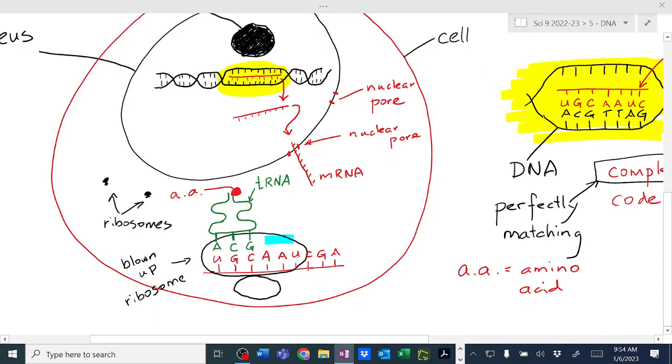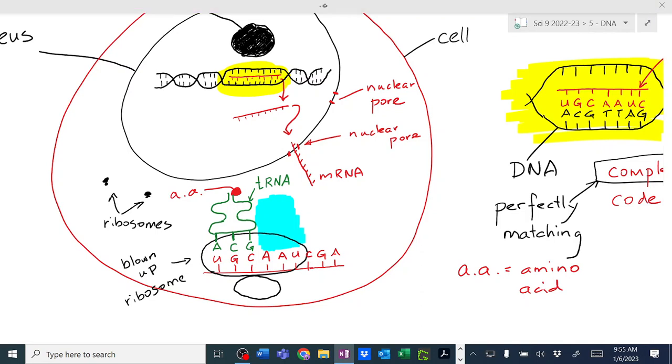What should I be drawing here? Another tRNA with its anticodon, okay?